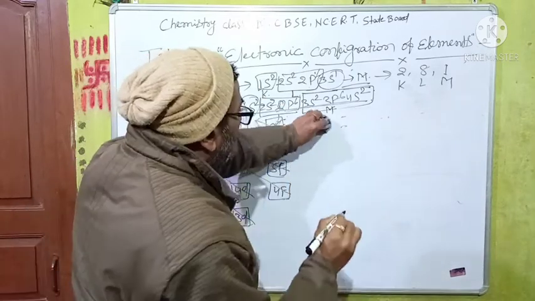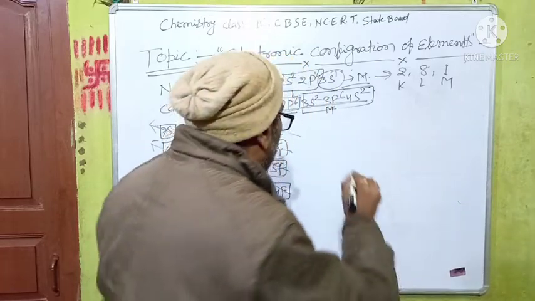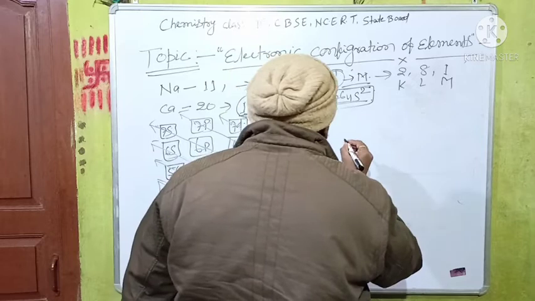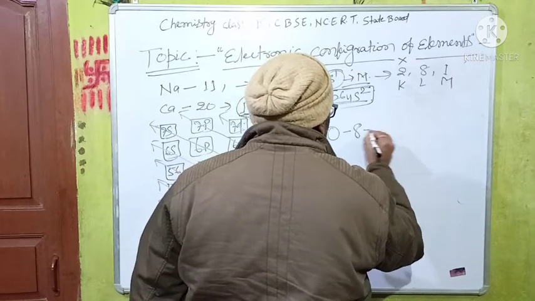So here we also find the electronic configuration through the SPDF. First of all we have oxygen, whose atomic number is 8.